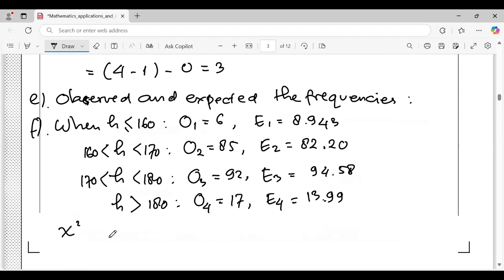So the chi-squared statistic for every category.